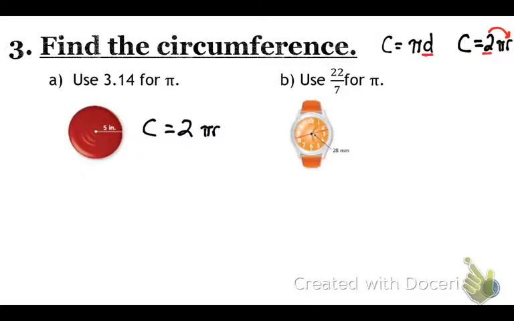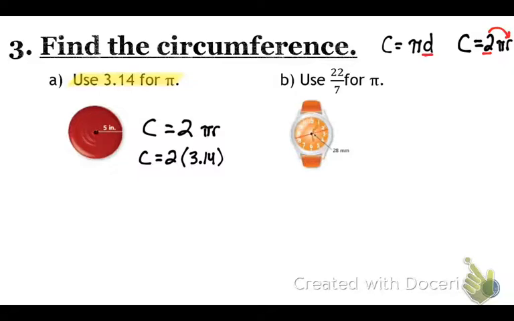All right, so next up, it says in my instructions, use 3.14 for pi. So instead of saying 2 times pi, I'm going to say 2 times, what's pi? 3.14 times, do we know what our radius is? 5 inches.